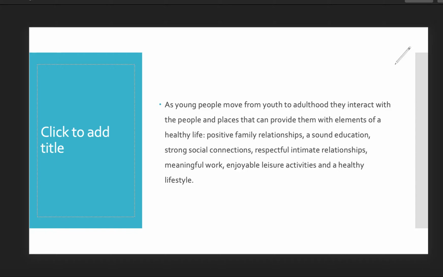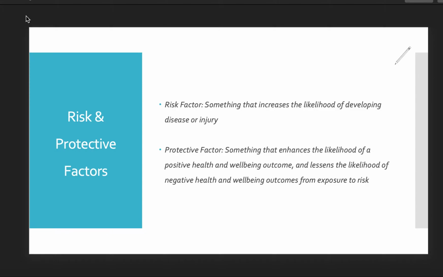Meaningful work, starting to get a job to earn money, but also putting together your schoolwork and having more meaning with it, like what we're doing right now, which is learning something that is personal to you. Leisure activities, which I know during this COVID time has been taken away for some of us, like our basketball, our soccer, and our sport, or maybe even just our socializing, and just maintaining that healthy lifestyle, both with physical activity and nutrition, which we know we'll be studying.